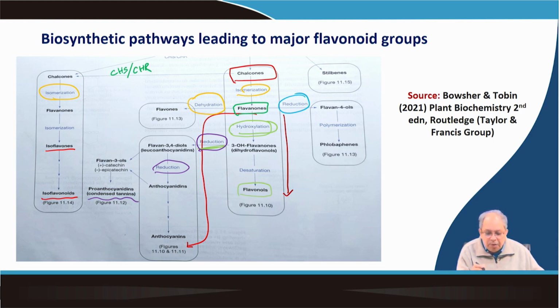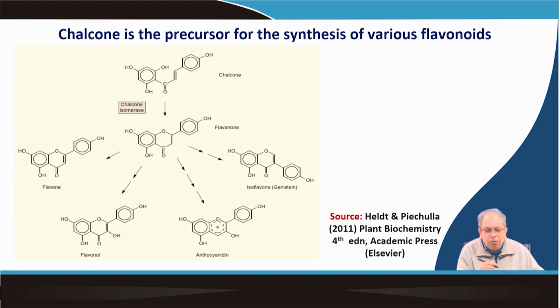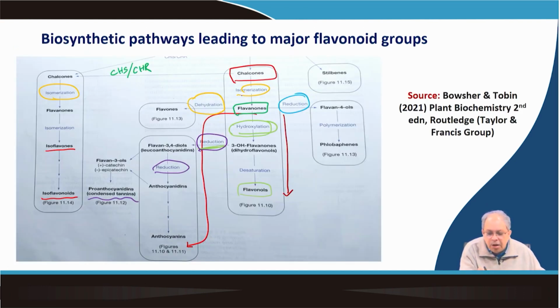So, either it produces flavonols, or flavones, or anthocyanins, or isoflavonoids, depending on the different plants. But normally flavonols are present in most plants, though the content may be too low to be detected. The first one is the chalcone, which is formed by chalcone synthase. Next is the flavanone. Particularly, there is an isomerase, and I have shown the isomerization here.